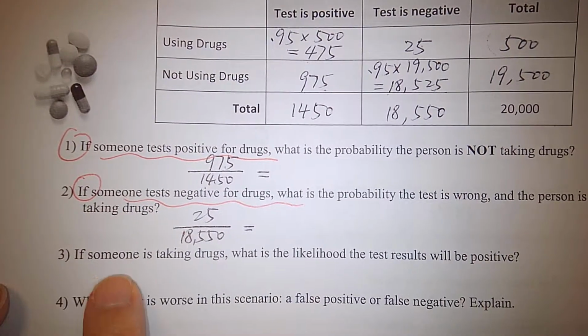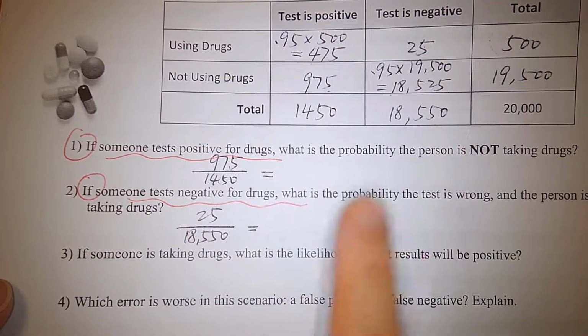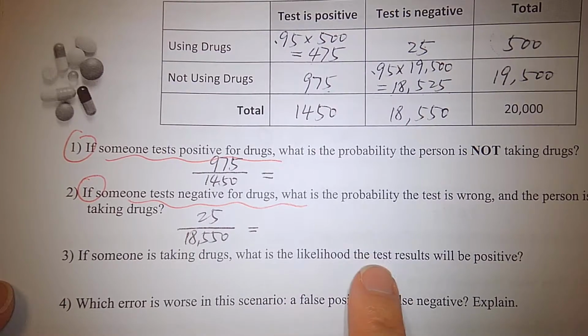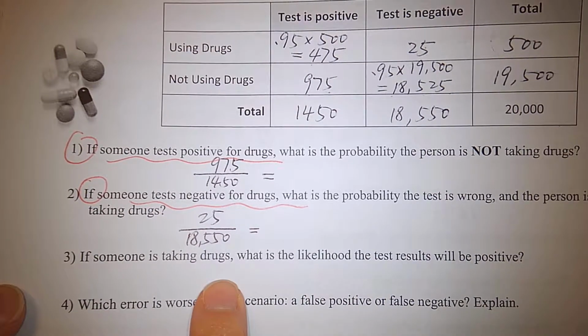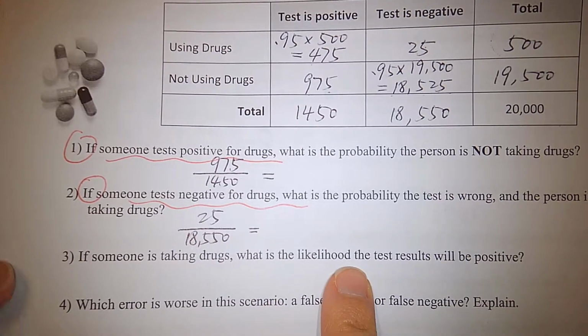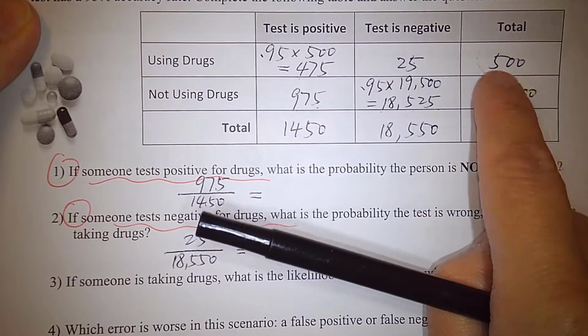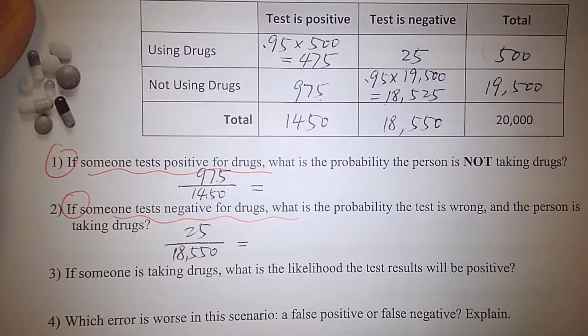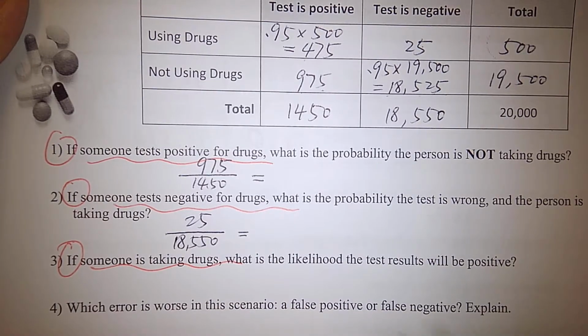Question 3, if someone is taking the drugs, what is the likelihood the test result will be positive? You're taking the drug, what is the chance that the test result will be positive? Taking the drug, this is the condition, right? So 500.